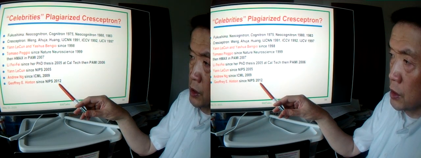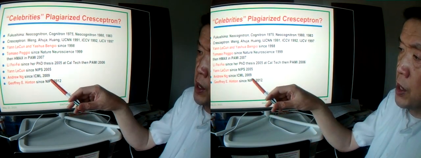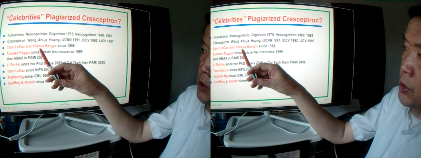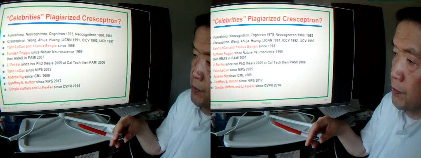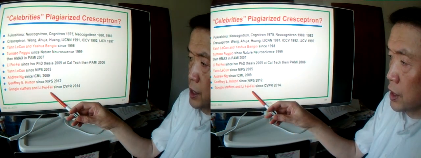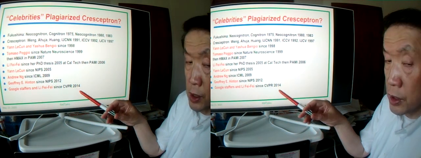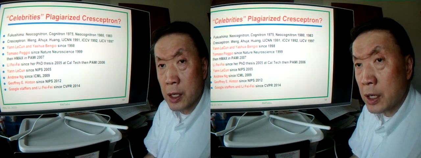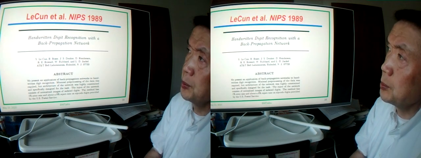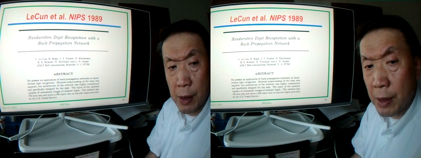They started to do 3D. Although this is 2D work too, they already used the architecture of Cresceptron. Feifei Li worked with Google's staffers and they did a CVPR paper in 2014, and they also used the idea of Cresceptron without citing. So let's look at a few examples.